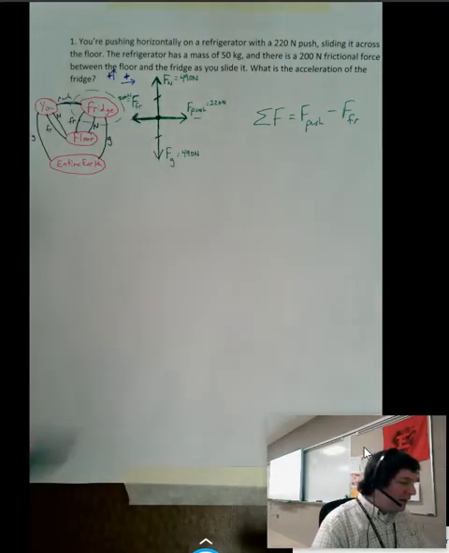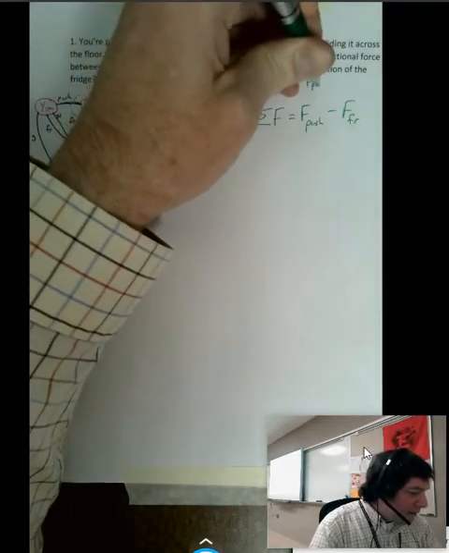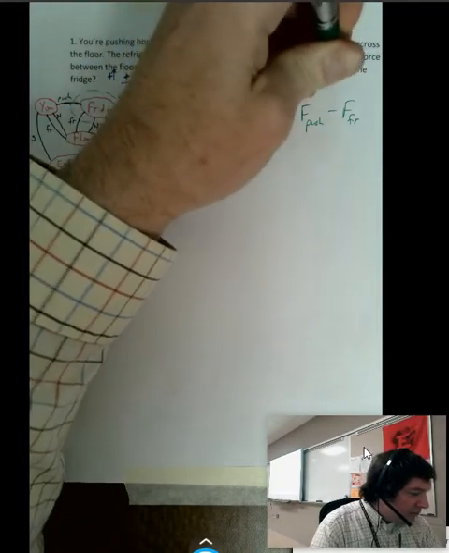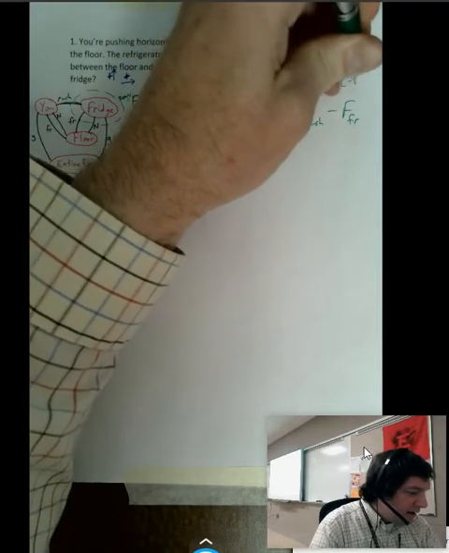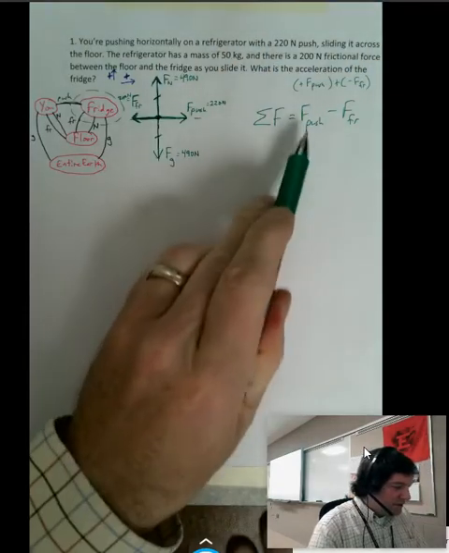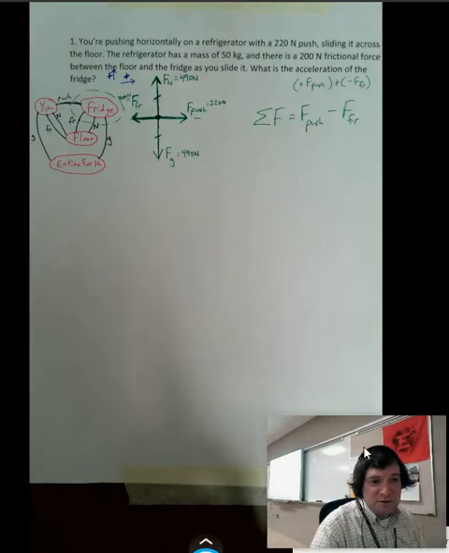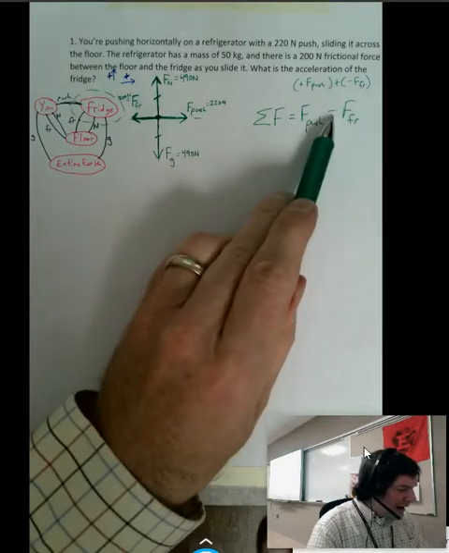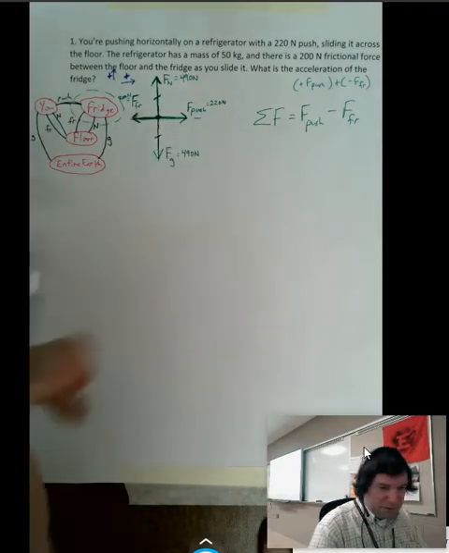So I could think of this as a positive F push plus a negative F friction, and that gets me to the same result as just choosing to subtract those two. So yes, I am finding a total, and I'm finding a total by subtracting those because one of them's positive, one of them's negative.